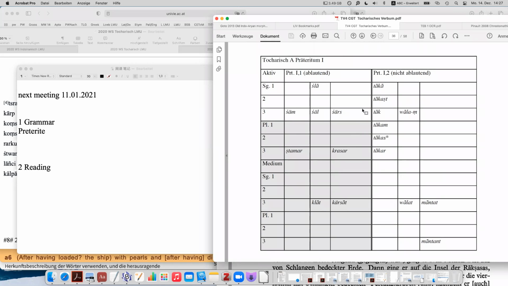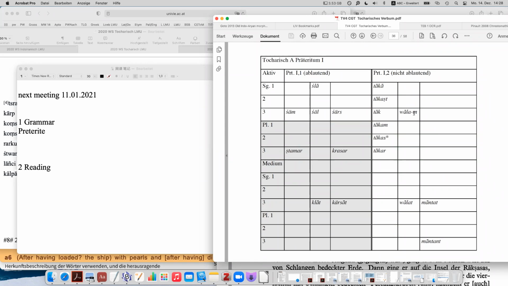Here it is more complete. You can see the ending for the first person is a long A or A, and then the second person is st. And the third person, there's no ending, the zero ending.